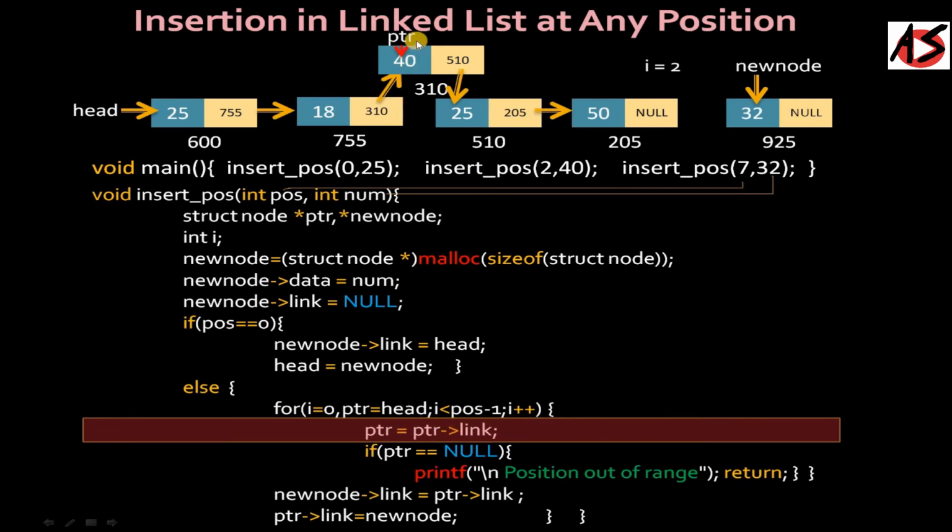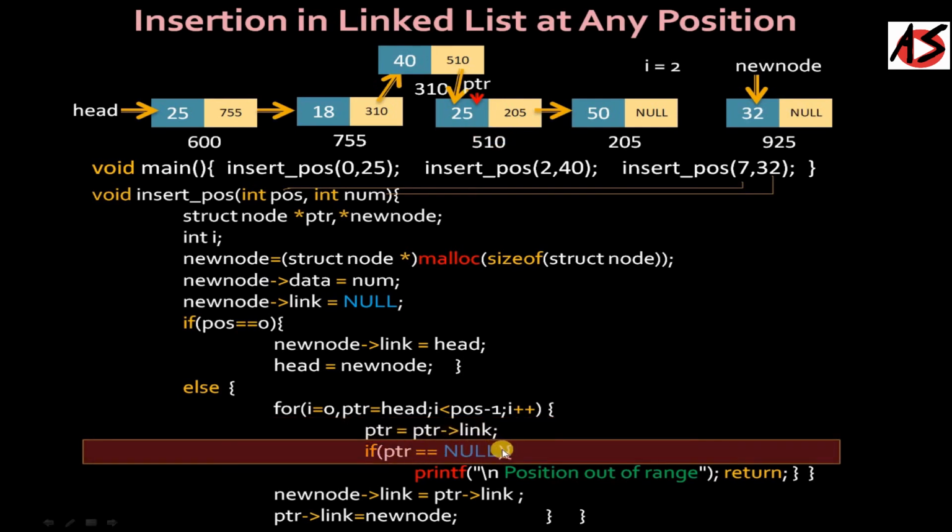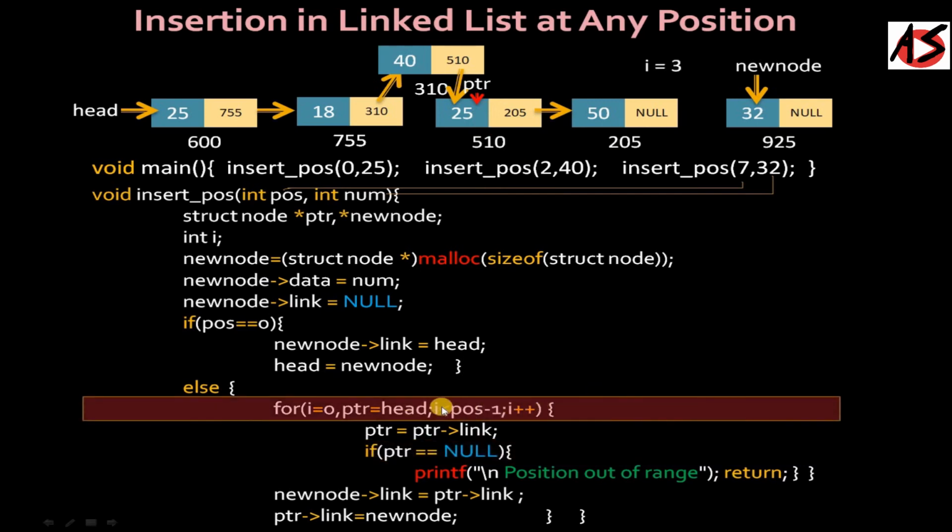So again we shift the pointer to its link part. Now pointer is coming onto 510. Again we check the condition pointer is equal to null. Here you can see pointer is pointing to 510, that is not null, so this condition is false. Again I gets incremented. Now the I value is 3. 3 is less than 6.